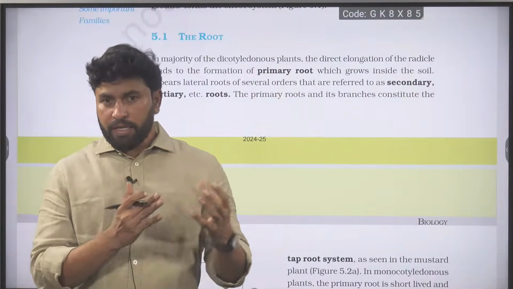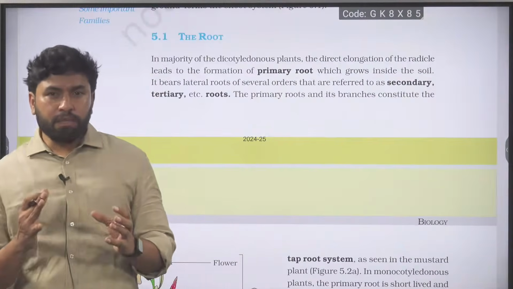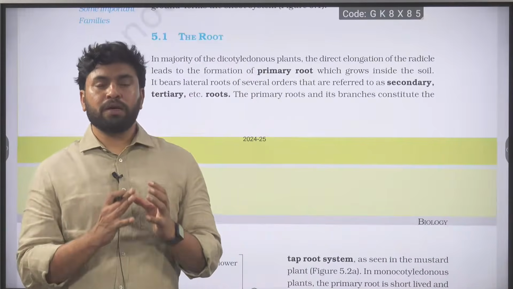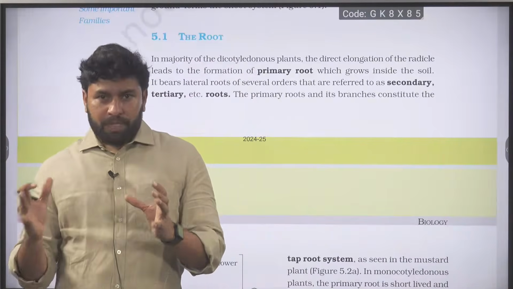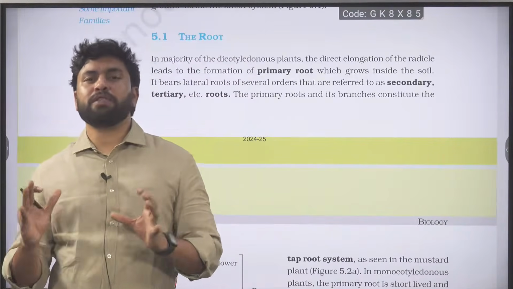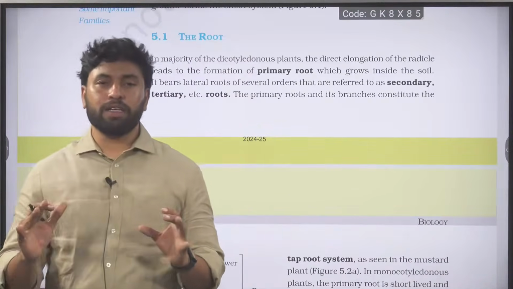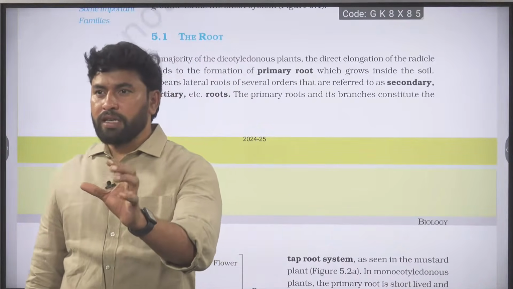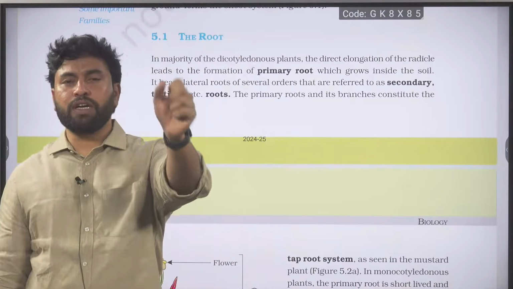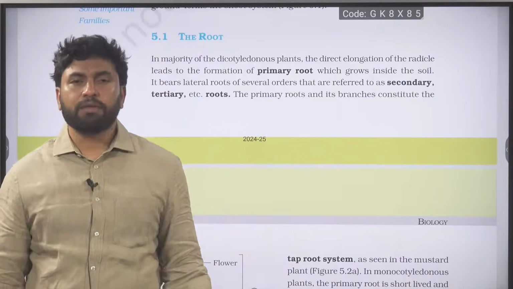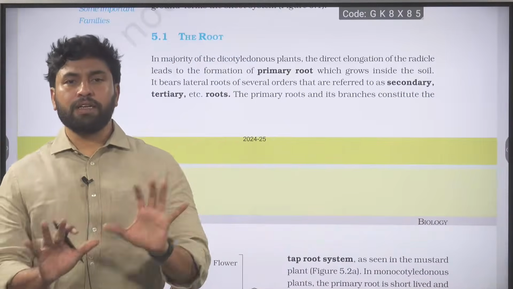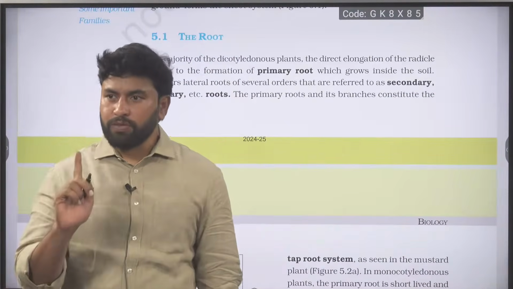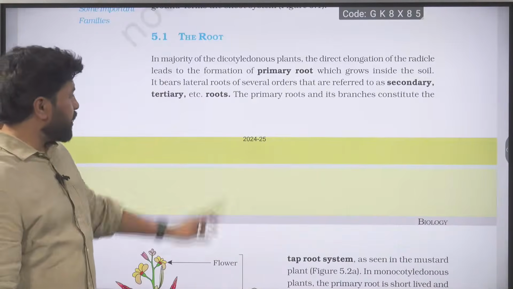That's why they are saying it's not compulsory for a dicotyledonous plant to possess a tap root system, but generally tap root systems are found in dicotyledonous plants. I could not say a dicot definitely should contain a tap root system. It may not, but tap root systems are generally present in dicots. That's what they wanted to say.